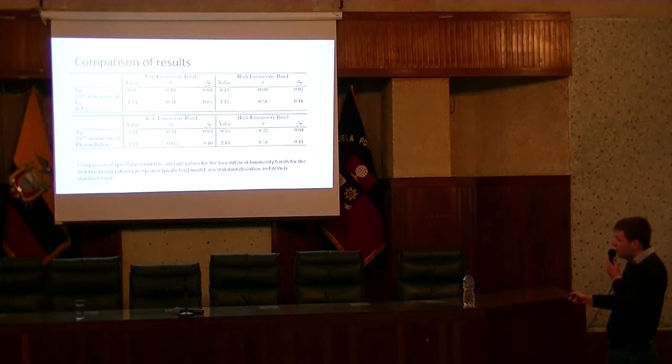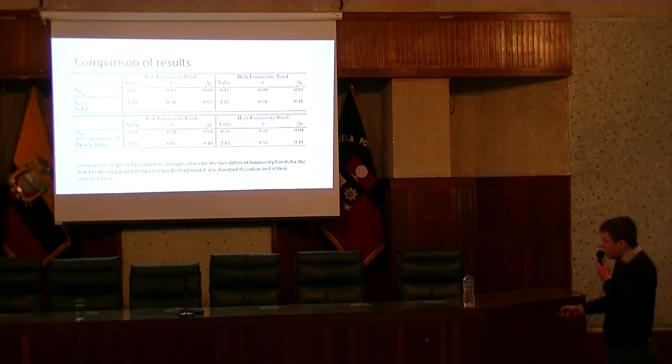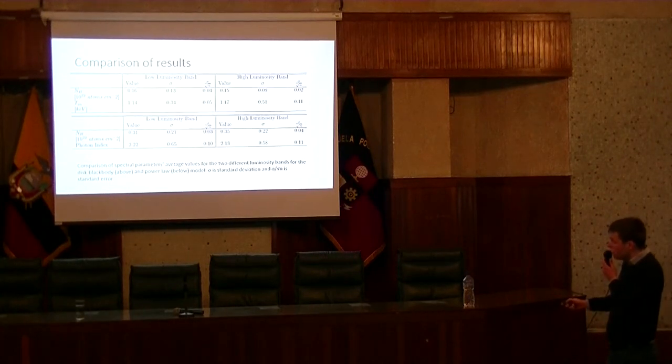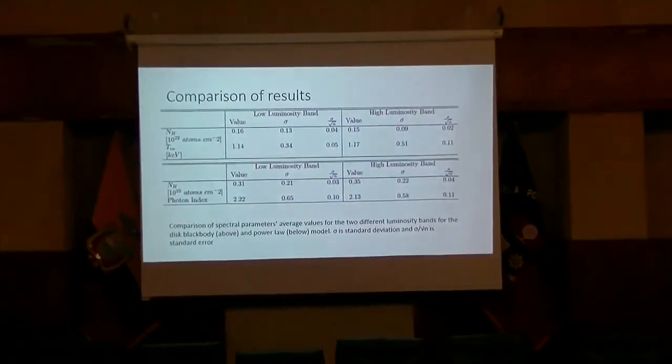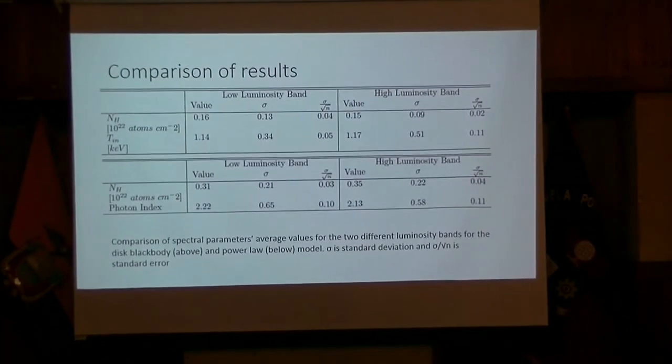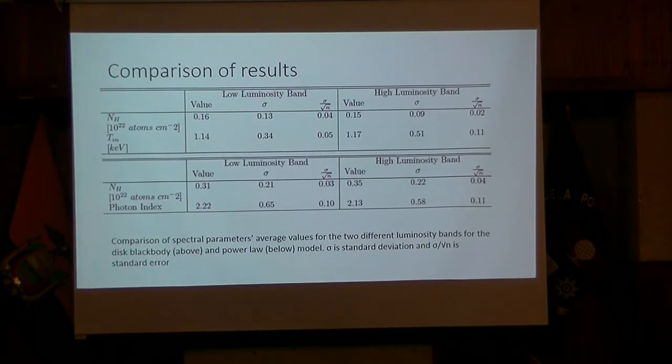And in the power law model, the same is true. To within standard error, the values do not change. And this is also true for the photon index. The values do not change within standard error. However, comparing the averages obviously is not a very thorough analysis of the results that we got.